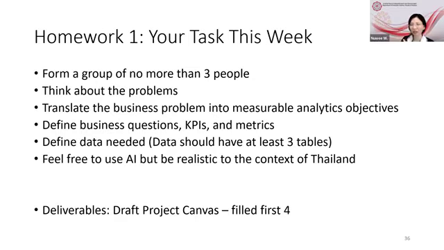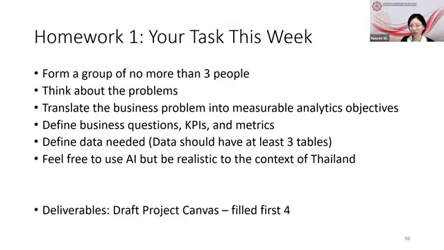Come up with the objectives, the questions, the KPIs and the metrics, and later on you can get the data from what you do for the homework. Any question for the group project and homework?